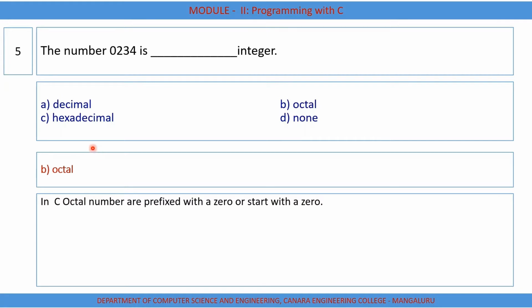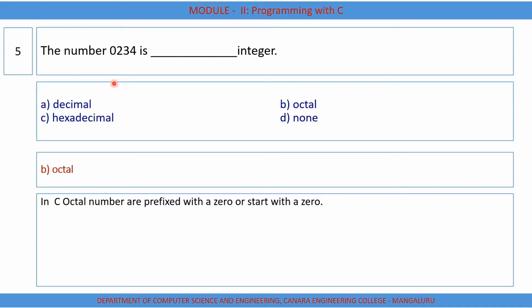Decimal integer represents base 10 and it can be a combination of any number from 0 to 9. Hexadecimal number is of base 16 and it can consist of any number from 0 to 9 and A to F, and it is represented in C by prefixing a number with 0x.